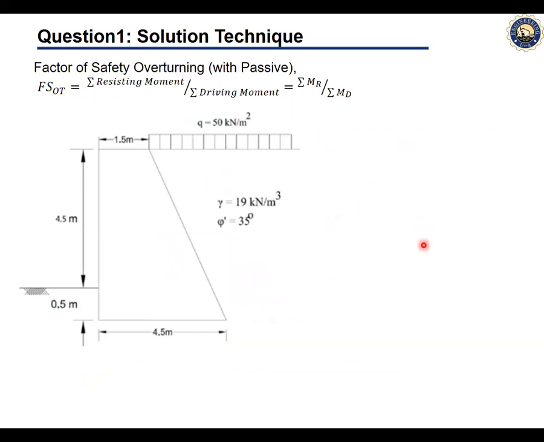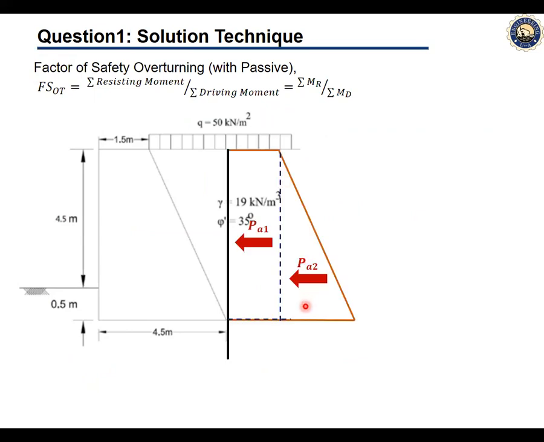On the next part, we are also told to find the factor of safety against overturning. From the literature, we know the factor of safety against overturning is the summation of the resisting moments divided by the summation of the driving moments. Similarly, the active earth pressure distribution diagram can be subdivided into two parts, and we can calculate PA1 and PA2 from the areas.